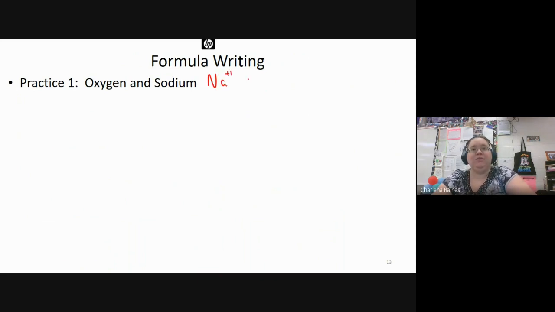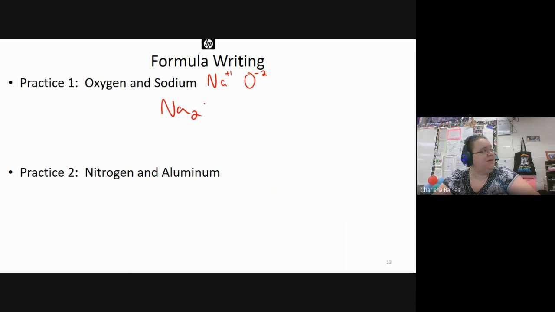Anything in group 1 forms a +1 charge. Oxygen in group 16 forms a -2 charge. Ask myself, do these equal 0? They don't. So I swap and drop. I end up with a 2 beside my Na and a 1 beside my O. Or, if I'm a lazy chemist, Na2O.